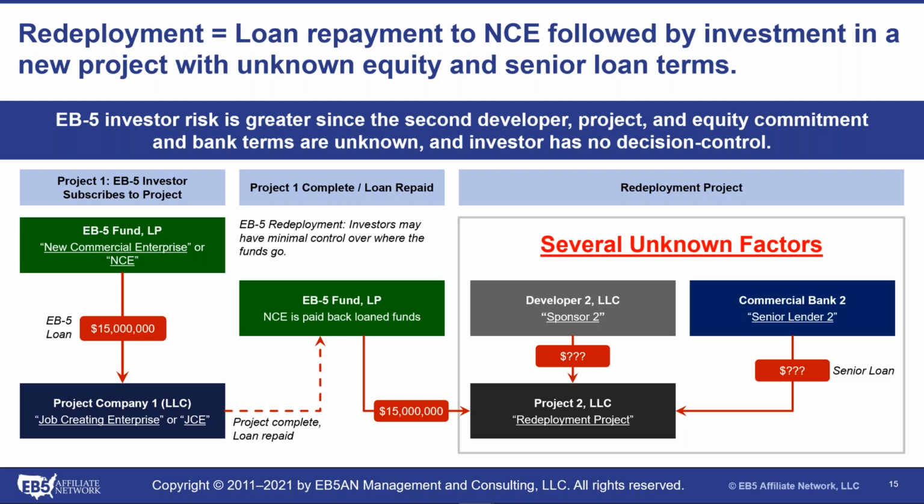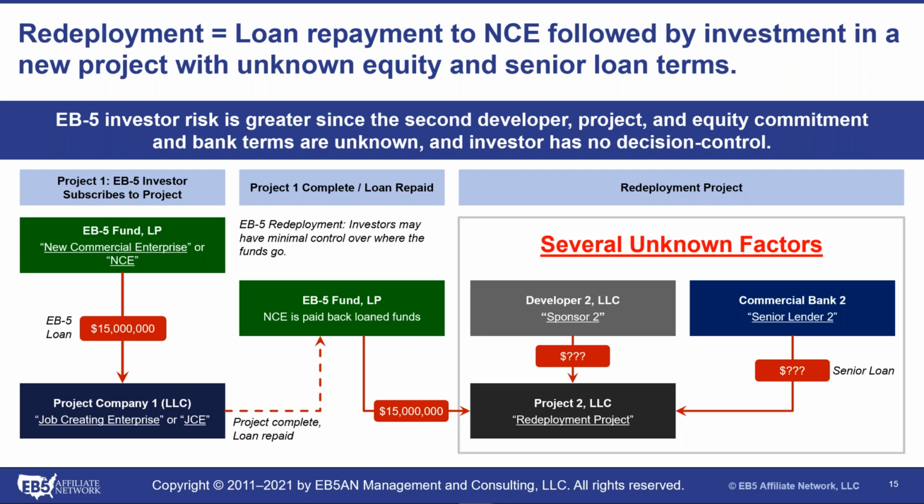The right side of the slide is the redeployment project. And so we've really talked about the original structure chart so far. We have not really gotten into the redeployment opportunity itself and the redeployment project. And it looks in large part like the original offering package org chart, right? You've got a project company that is now the redeployment borrower, and you've got the new project that's the redeployment project.